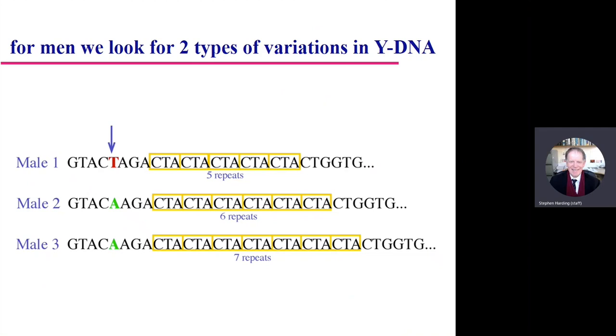So when you get a base change like here, where A is the normal base and it's changed to a T, that's what we call a single nucleotide polymorphism. So the chances are it will never happen again in that particular place. It's rare anyway. These changes can take place over the course of a million years. So these are rare events.